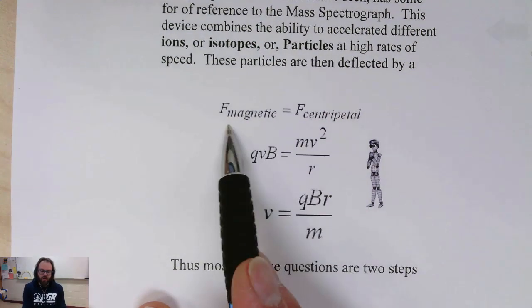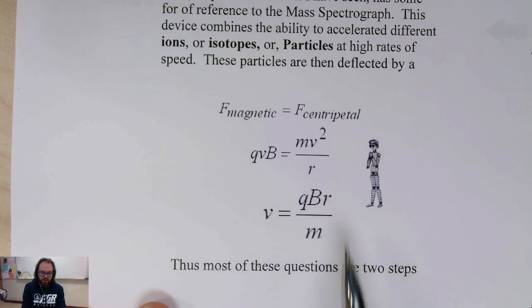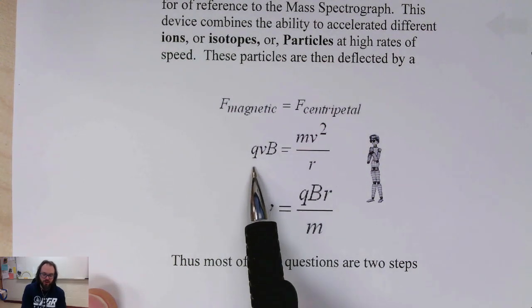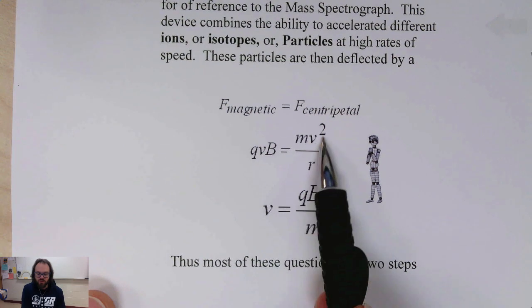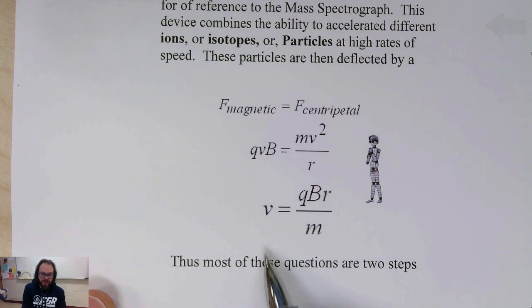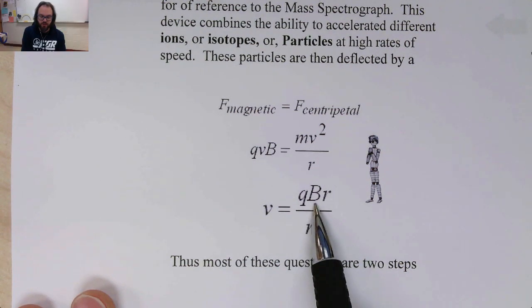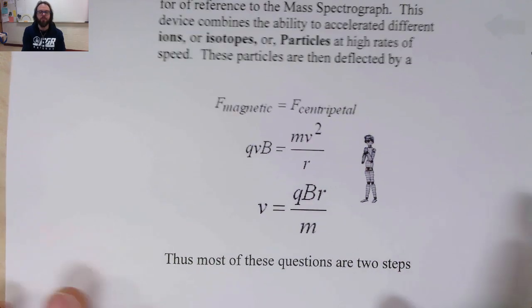We end up getting QVB, which is magnetic force, is equal to centripetal force, so it's just mv squared divided by r. That ends up giving me my velocity. When we rearrange that, it is my charge multiplied by my magnetic field multiplied by the radius of the field divided by my mass.